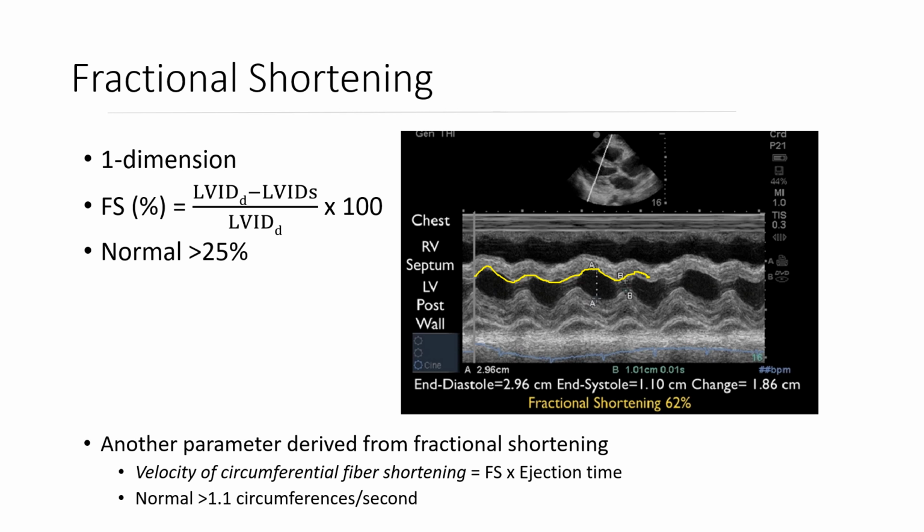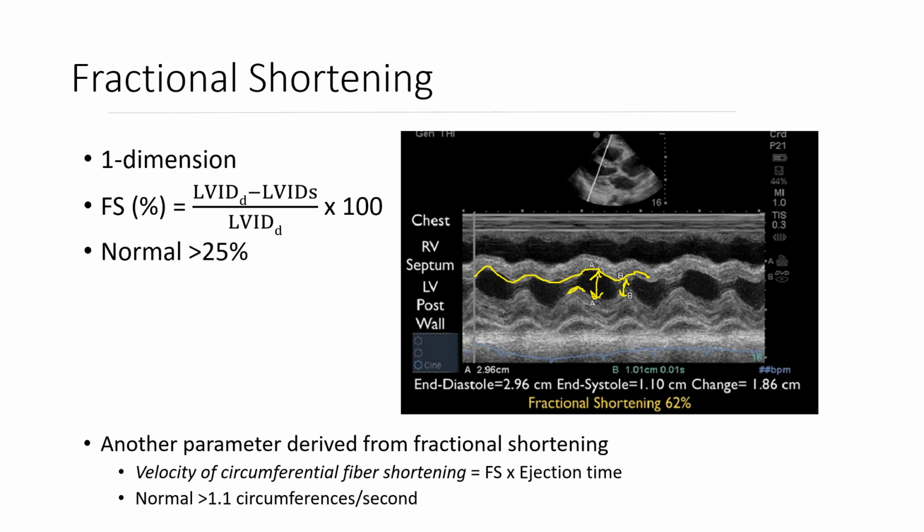When you subtract the difference between what's here in diastole and here in systole and make that a percentage of the LV diameter in diastole, then you'll get fractional shortening. A normal fractional shortening is greater than 25%.